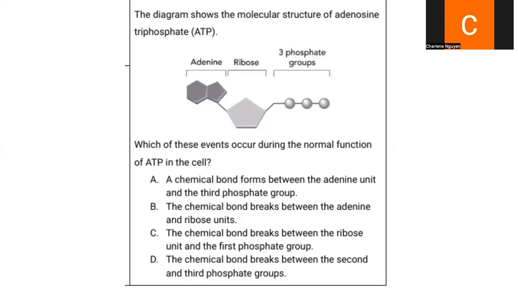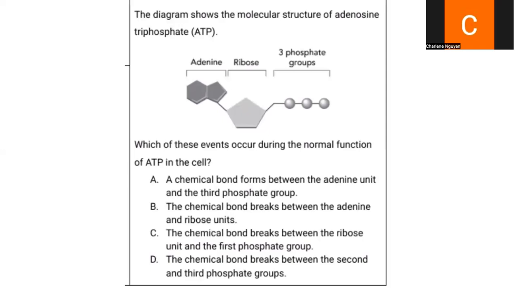A, the chemical bond between the adenine unit and the third phosphate group. That is not true because adenine is not touching any of the phosphate groups. As you can see here, adenine does not touch that. Next, B, the chemical bond breaks between the adenine and ribose. That's referring to this and this. Nope, not that chemical bond.